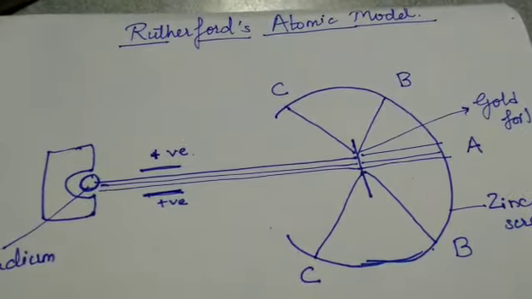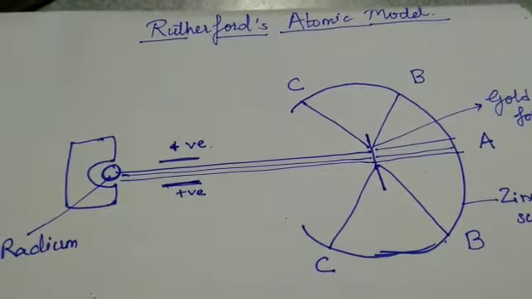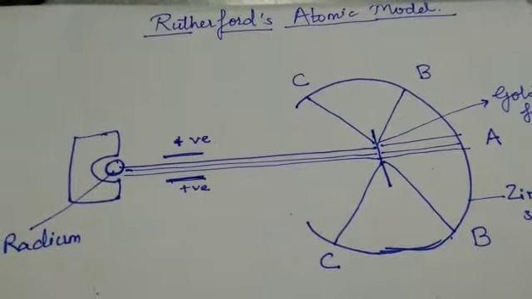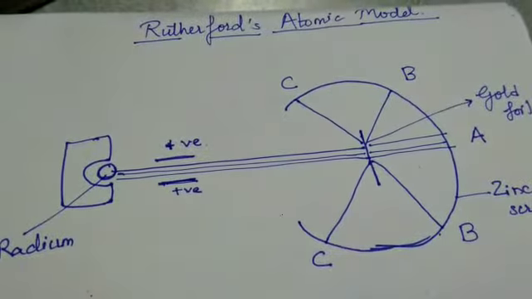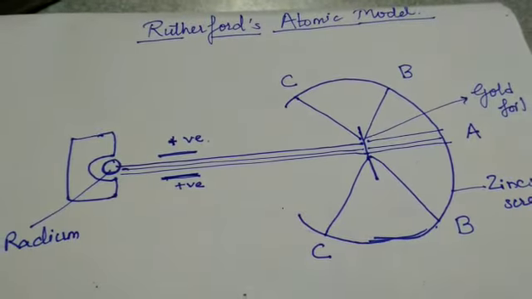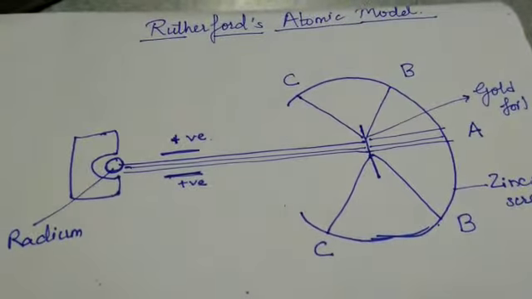So you know that all the atoms in the gold foil will be arranged close together, one after the other, tightly packed. That means this gold foil will be a positively charged, evenly spread mass, because the atoms are very closely packed.